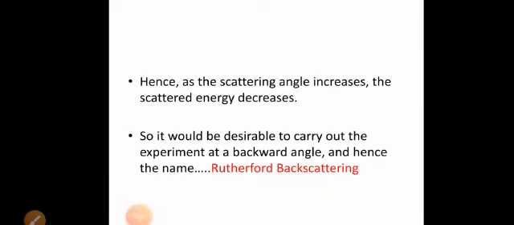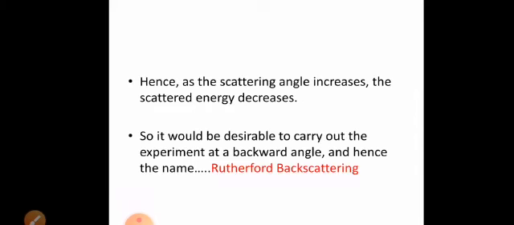Hence, as the scattering angle increases from 0 to 180, the scattered energy decreases. At angle theta equal to 0, there is no change in energy, but as we move from theta equal to 0 to 180, the scattered energy decreases. So it will be desirable to carry out the experiment at the backward angle. Why? Because the detection and further evaluation of the particle after scattering will be very easy if its energy is small.